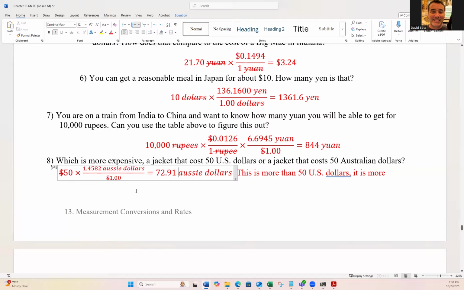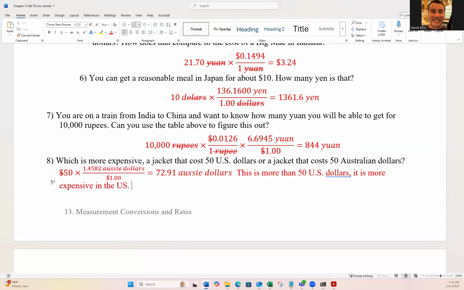So that means that 50 Aussie dollars is less than our 50 American dollars. So the Aussie jacket is cheaper. So it's more expensive in the US. So that's a tricky question right there.